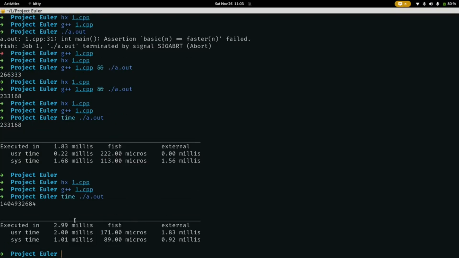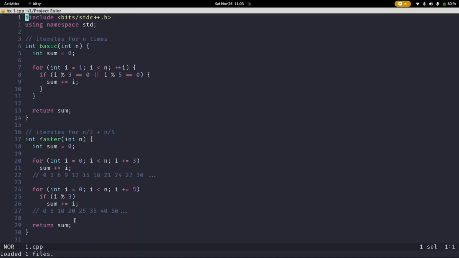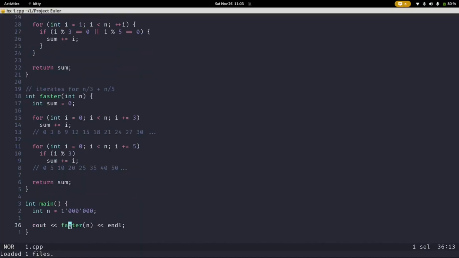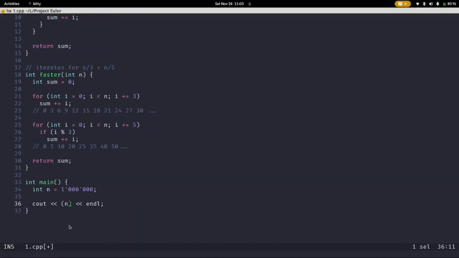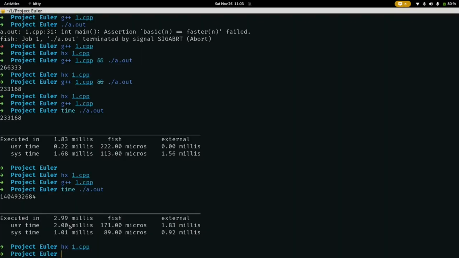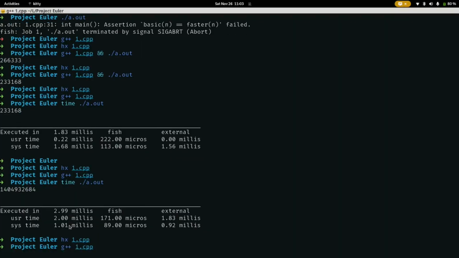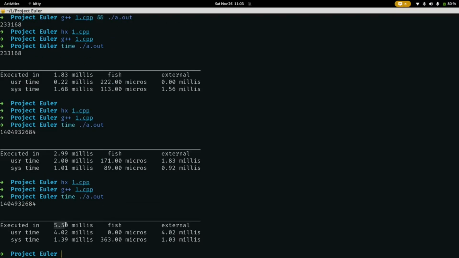It says 2.99 milliseconds, and for the basic one it says 5.5 milliseconds. So we are cutting down the time by almost half, by saving on those iterations while still giving the same answer. And we can do it even faster.